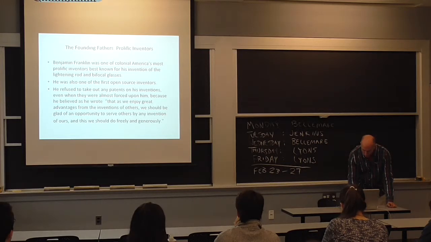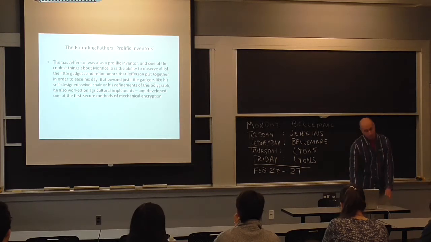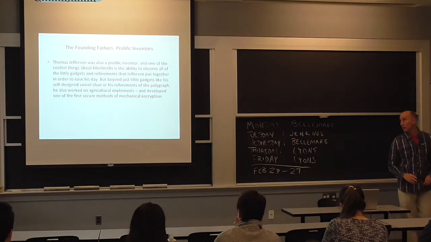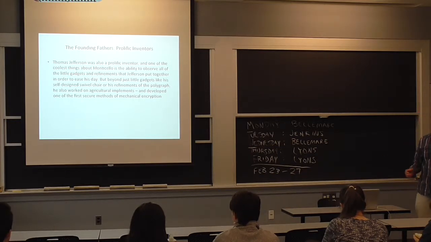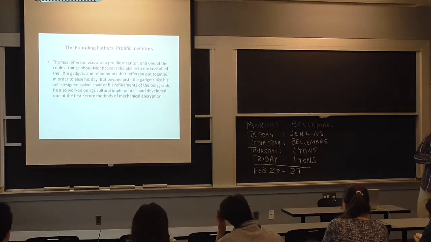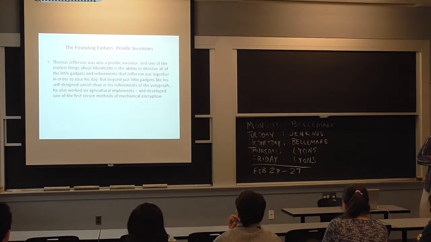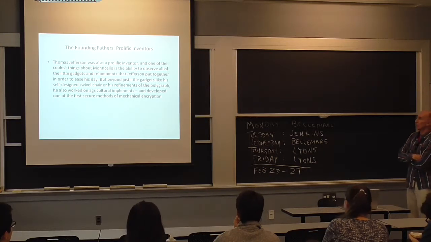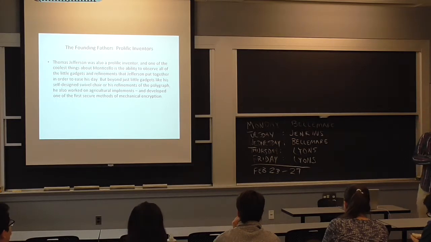Another one of the writers of the Constitution, Thomas Jefferson, another prolific inventor. And one of the coolest things about Monticello, if you've ever been there, is the ability to observe all of the little gadgets and inventions and refinements that Jefferson put together in order to make his life easier.